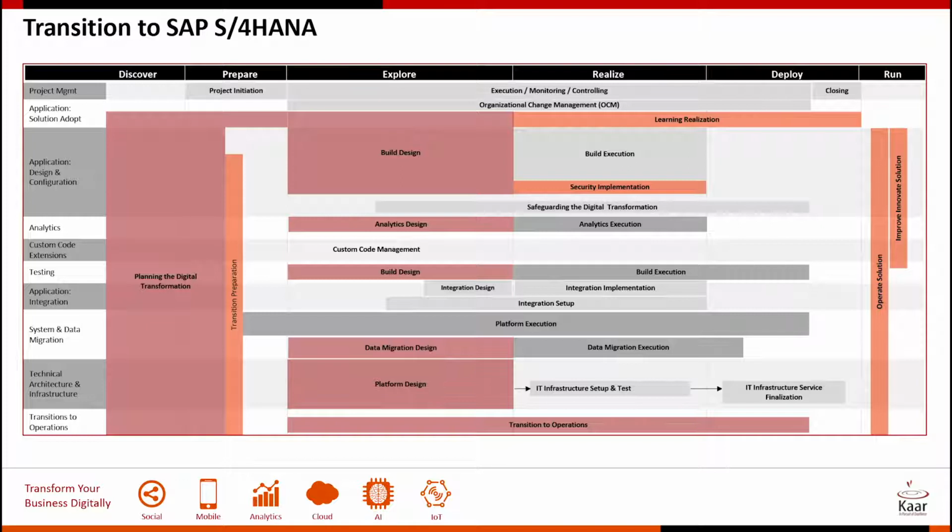In project management, primarily the common project and quality management tasks, organizational change management, and the enablement of the project team. The solution adoption primarily focuses on the training strategy and the learning paths, the enablement of the end users, so they are ready to use the new S/4HANA solution. Design and configuration.